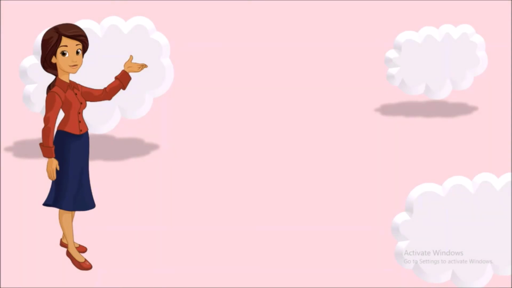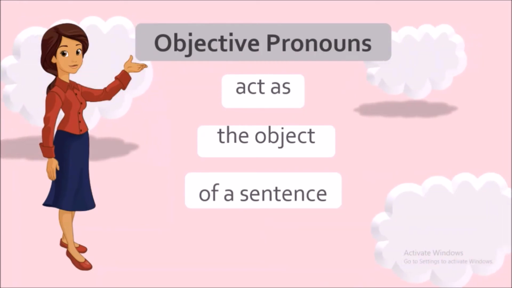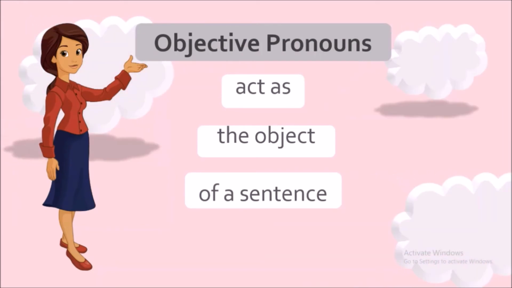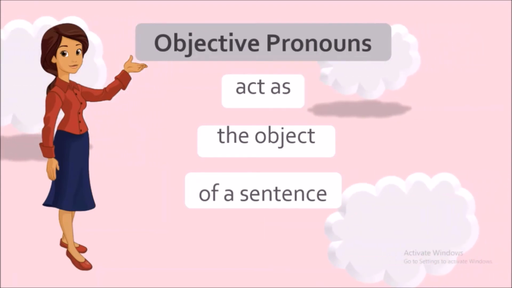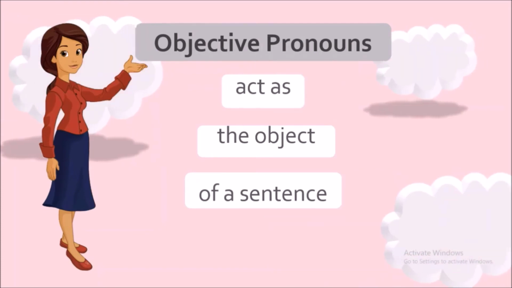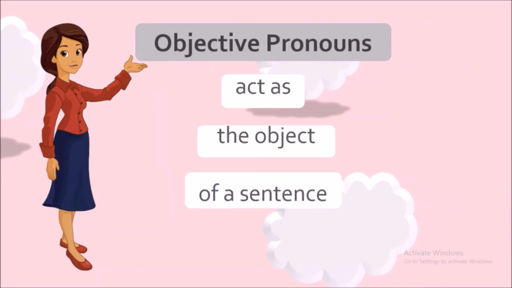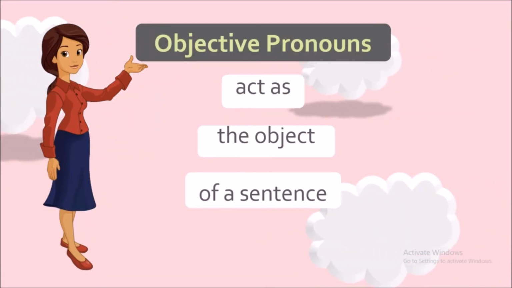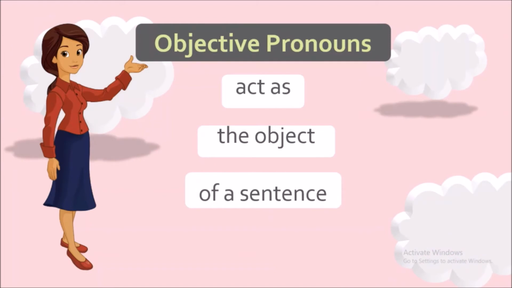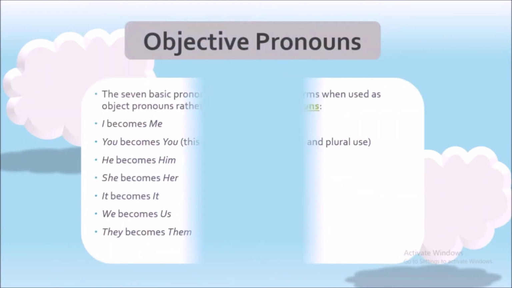Let's have a look at what an object pronoun is. An object pronoun is a word that replaces a noun in a sentence and acts as the object of the sentence. An object pronoun receives the action instead of doing the action itself.